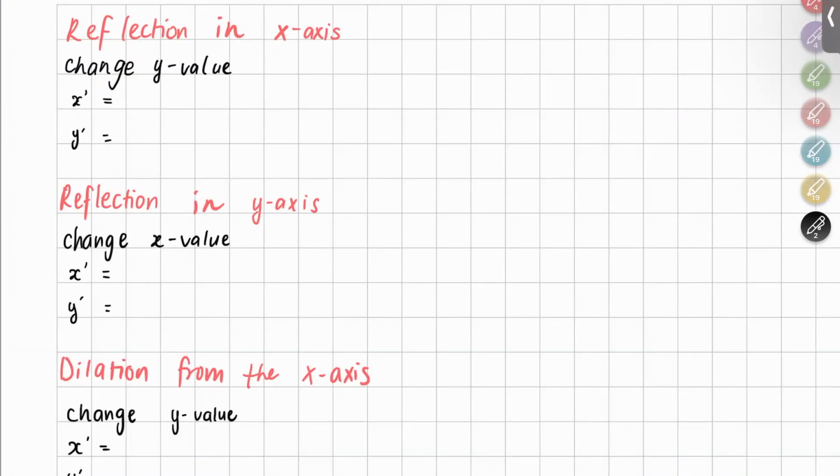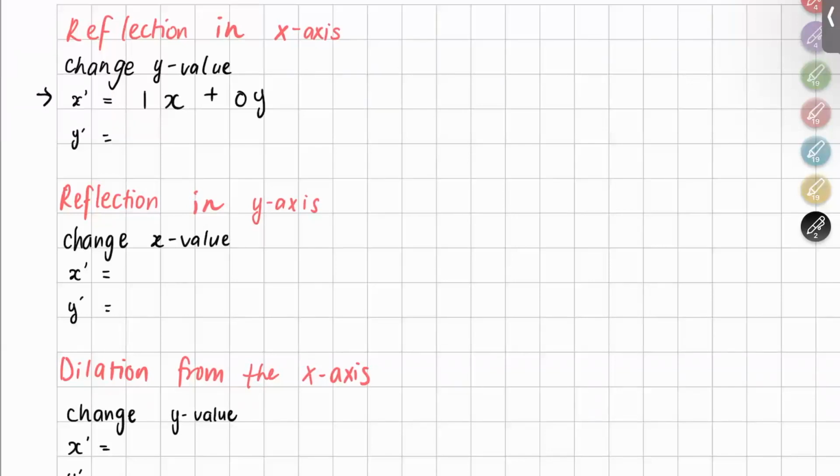So let's start off with a reflection in the x-axis. So we know from previous videos that this has an impact on the y value, okay? So if we're looking at the x value, the new x value or the image, we know that there will be no change to the x value. It stays the same because we're only affecting the y value. And since we're only looking at the x coordinate, there will be 0y, okay?